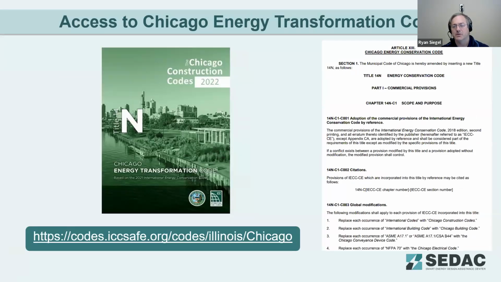The Chicago Energy Transformation Code, again, is one of the only codes that we're aware of that's a more fully developed, comprehensive code beyond the Illinois code. It uses the 2021 IECC along with a handful of amendments, and then local jurisdictions may also have some further amendments to increase the stringency.